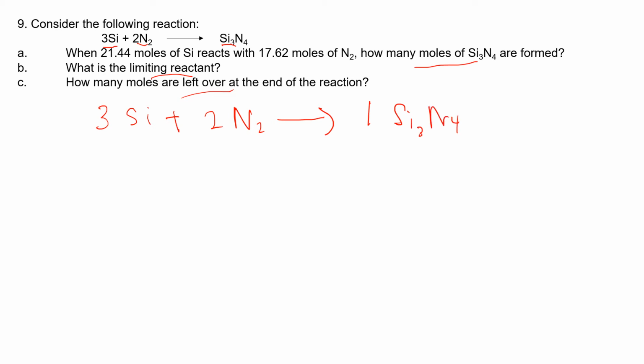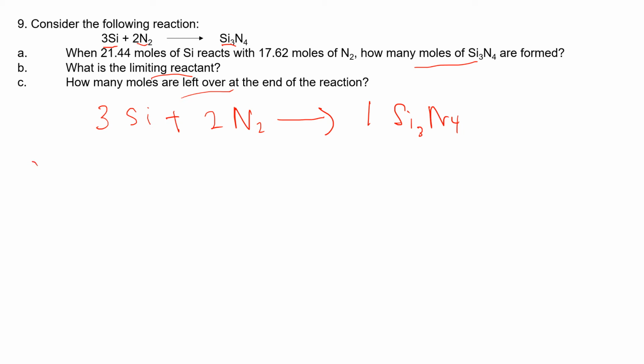So if you look at this equation dia punya ratio adalah berbeza. Okay, tak sama. Maksudnya bukan ratio 1:1 to produce 1 mole. Ratio dia adalah 3 moles silicon react with 2 molecules of nitrogen produce 1 mole of silicon Si3N4.